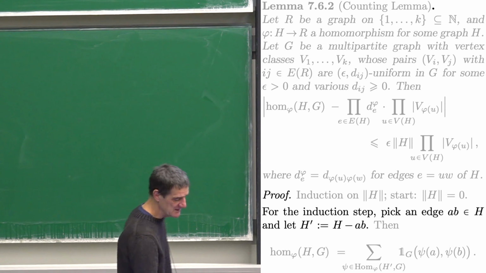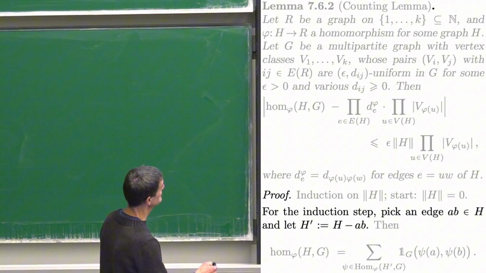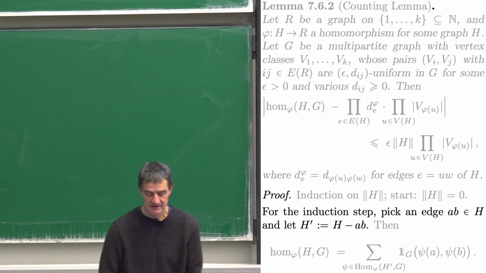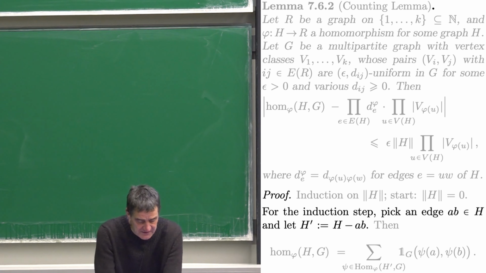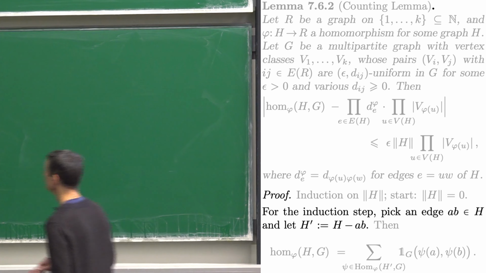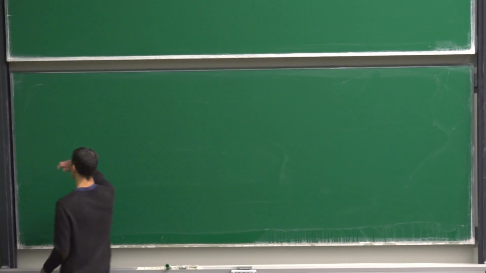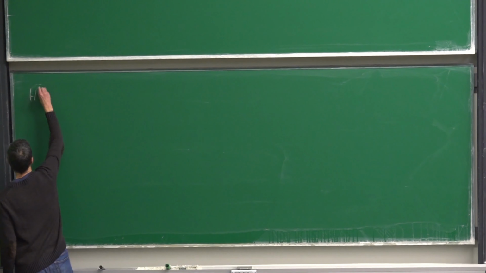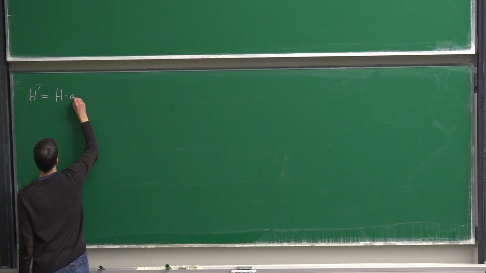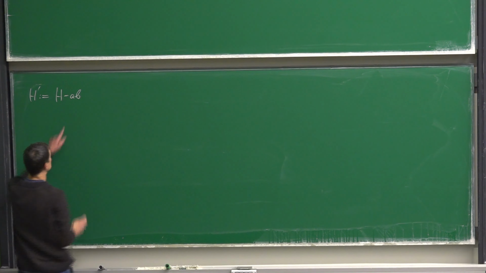Okay, for the induction step, now it gets interesting. For the induction step, we choose an edge, AB, of H, and then we want to use the induction hypothesis. So we delete the edge AB.